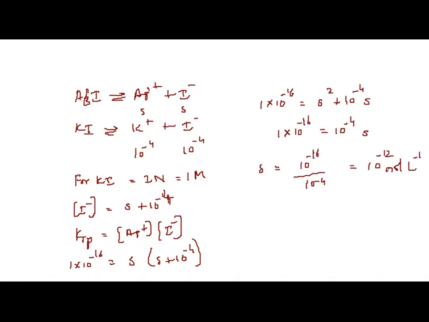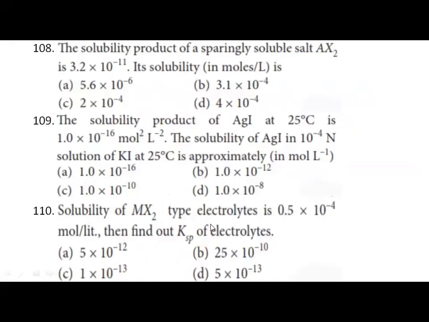So 10 raised to minus 16 equals 10 raised to minus 4 S. Therefore, S equals 10 raised to minus 16 divided by 10 raised to minus 4, which comes out to 10 raised to minus 12 moles per liter. The correct option is option B, 1.0 into 10 raised to minus 12.